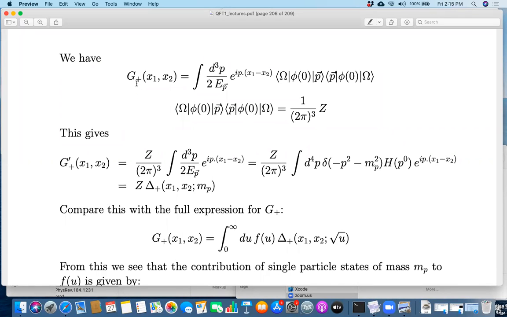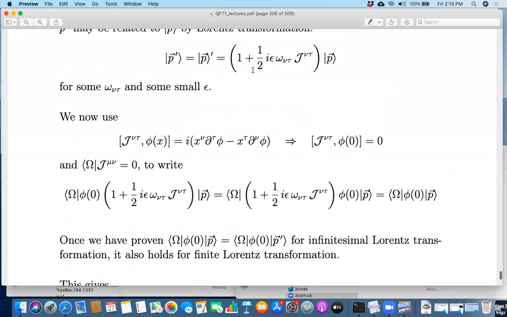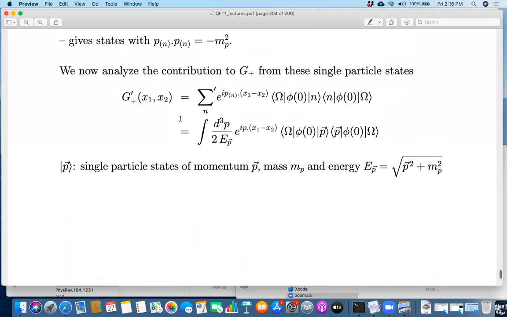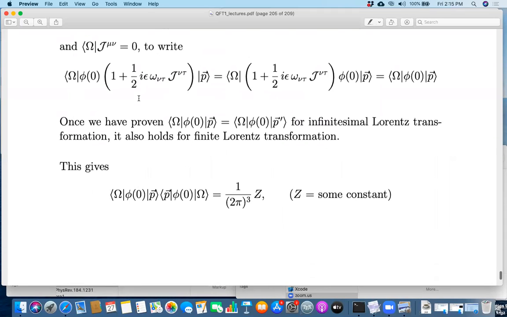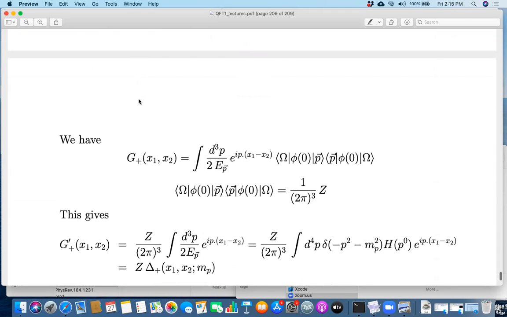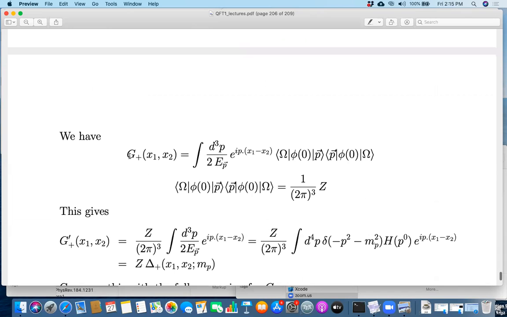So here is the expression for G plus. It is the same expression as what we had here, this one. I have written it in a slightly different way. This should have been G prime plus, not G plus, because you are talking about the single particle contribution.